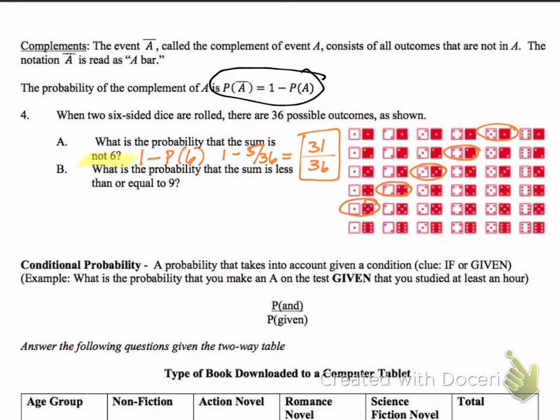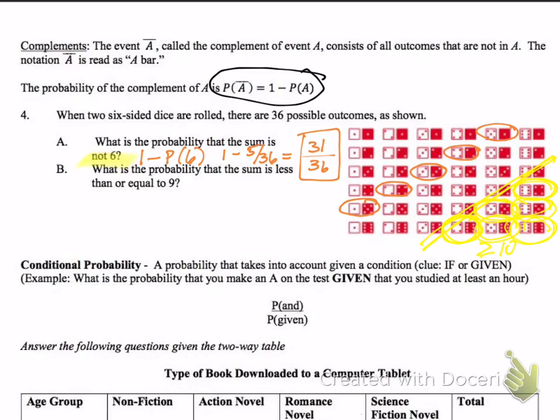So we have 4 and 6, that's 10. 5 and 5 is 10. 6 and 4 is 10. 5 and 6, 6 and 5, 6 and 6. So all of these past this diagonal right here are greater than or equal to 10. Or they're greater than 9.